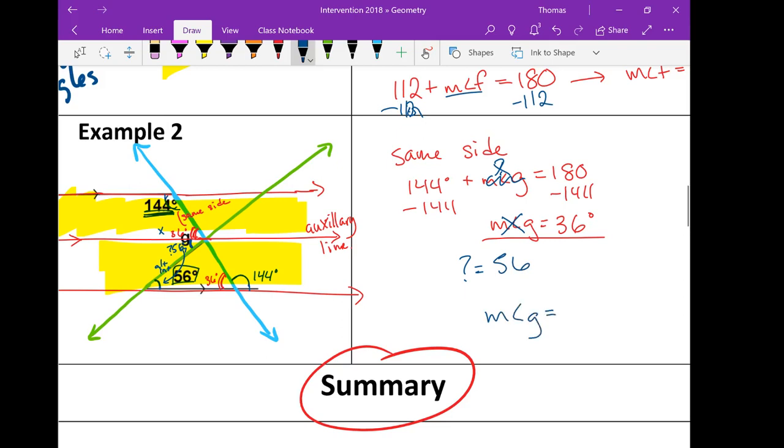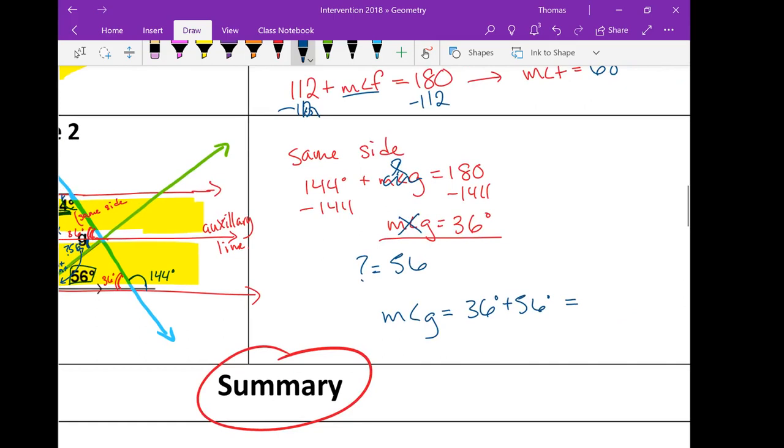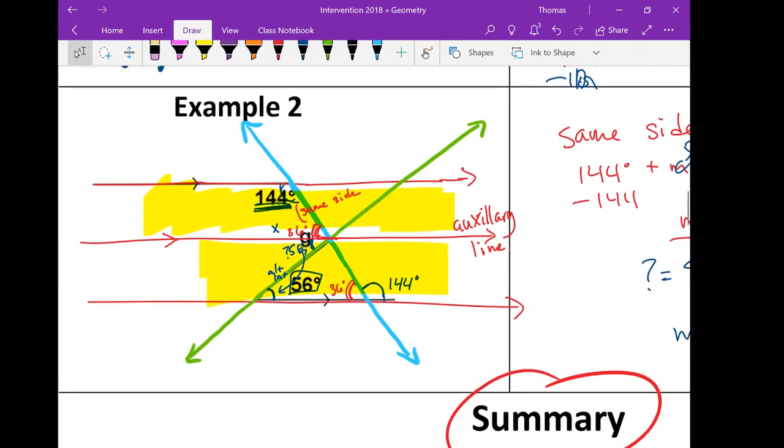So I'm just going to add them up. 36 plus 56. 30 and 50 is 80, and 6 and 6 is 12, so that would be 92 degrees. So the measure of angle G in this diagram is 92 degrees.